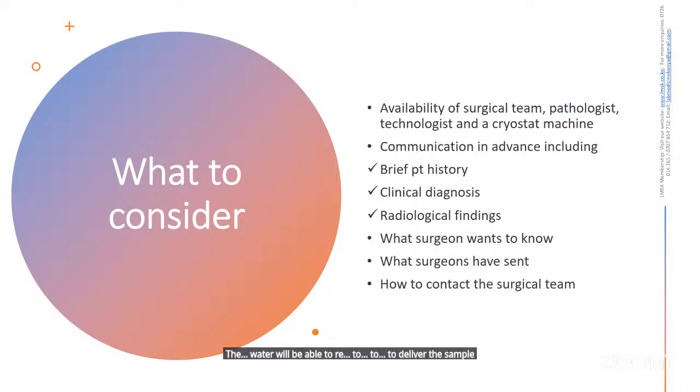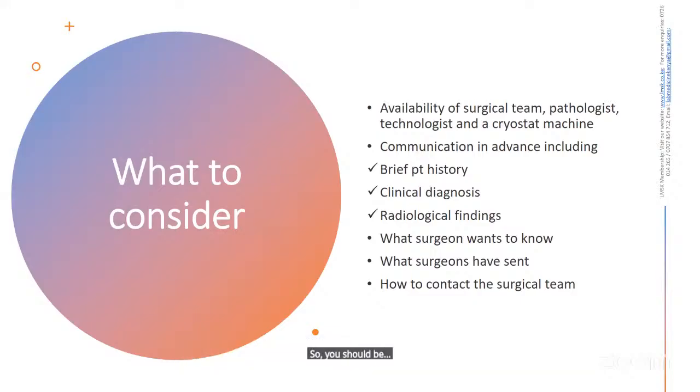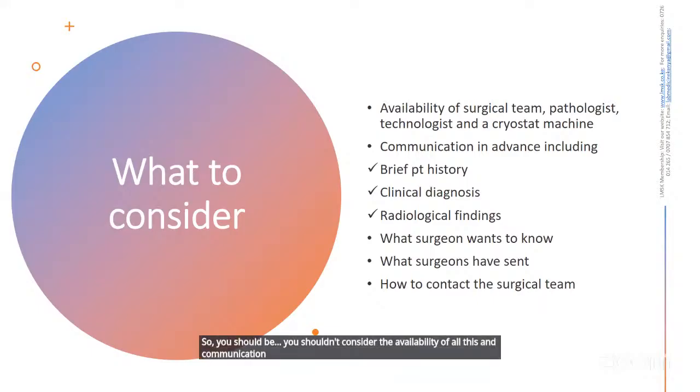The pathologist should be available and notified in advance. The technologist should be available and notified in advance. Then the cryostat machine should be available. You cannot do a frozen section if you don't have a cryostat machine. So you should consider the availability of all this and communication in advance.